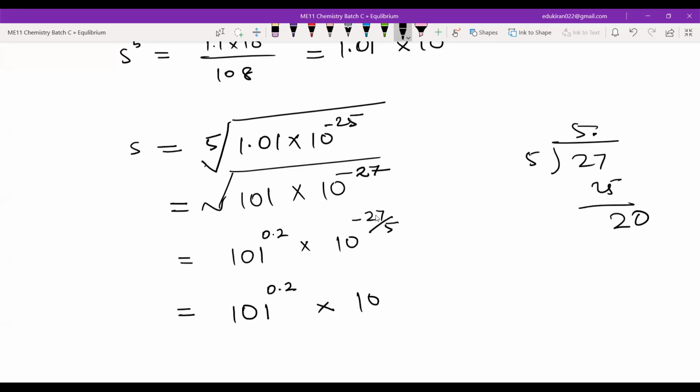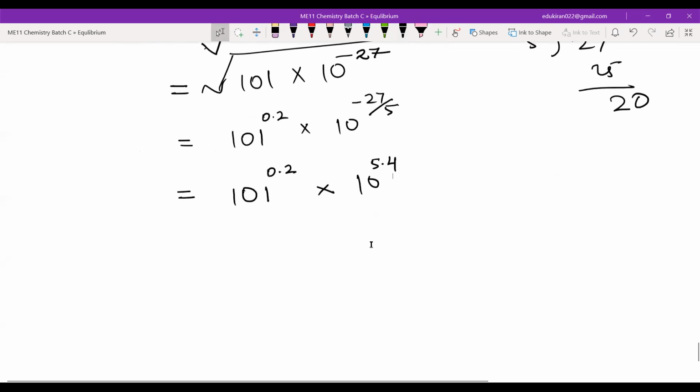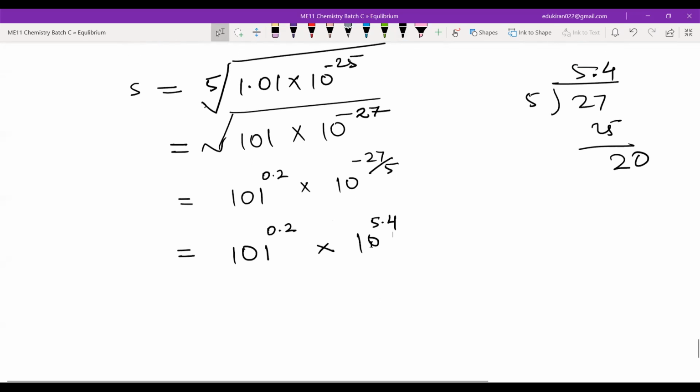This will be equal to how much? 5.4. So we have 10 to the power 5.4 and 101 to the power 0.2. You have to calculate this amount.